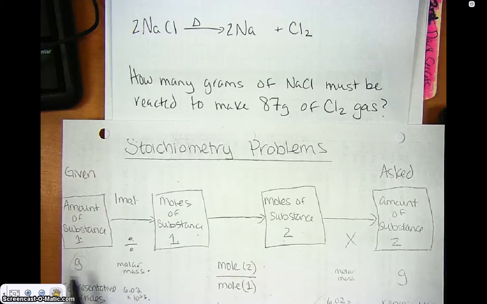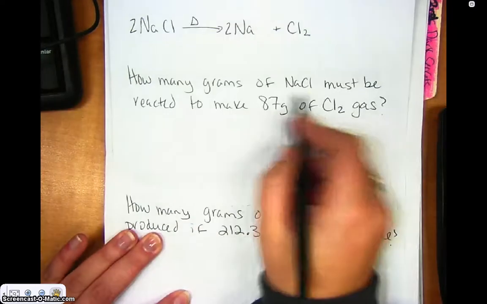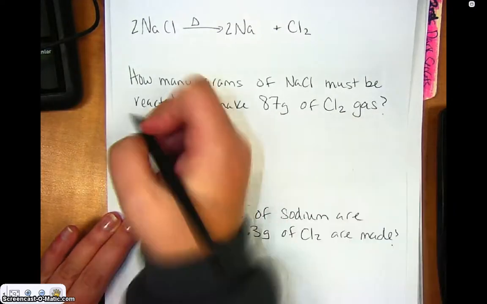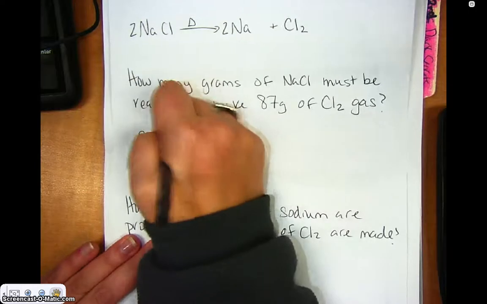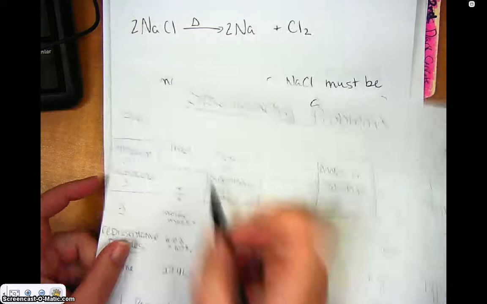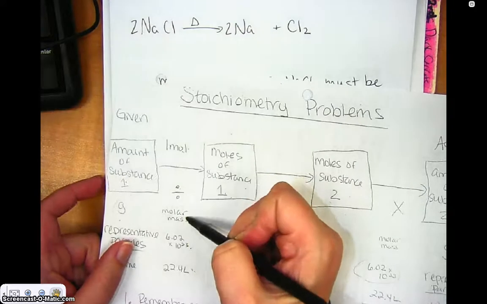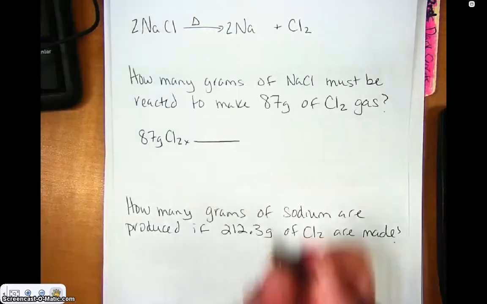So the first step is to go from grams of the given substance to moles of the given substance. We're starting with grams of chlorine, so we've got 87 grams of Cl2. On top, I'm going to have the mole, and then I'm going to divide by the molar mass from the periodic table so that I get to moles of substance 1.